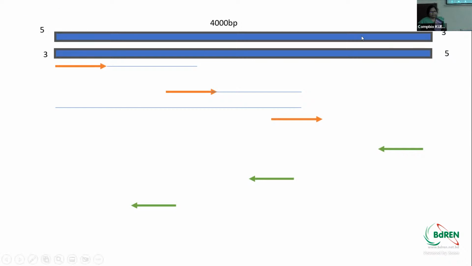Here is an example of one gene where I have about 6 primers on the forward side and 6 on the reverse side, which can sequence it in an easy way. But imagine the 30,000 or 40,000 genes in a genome that we need to sequence. If we do it this way, it may not capture all.